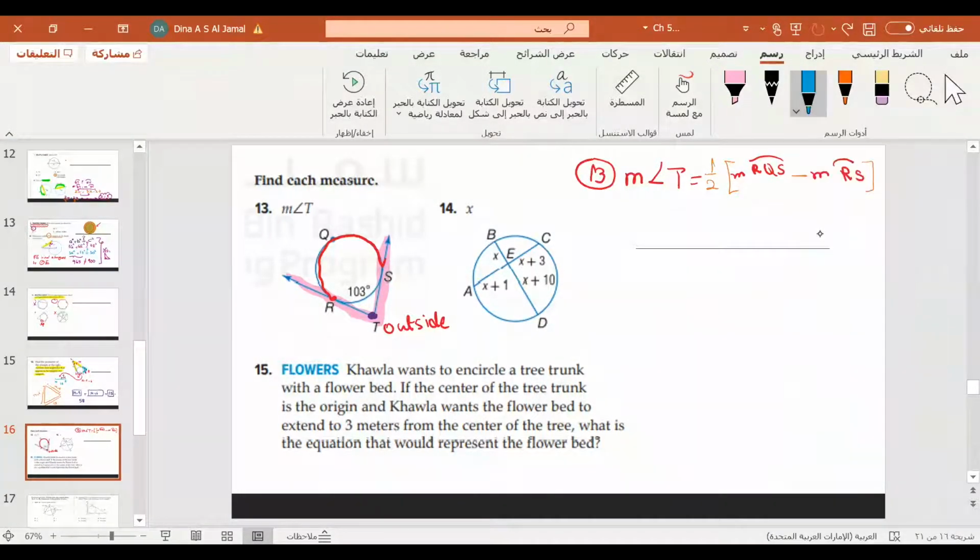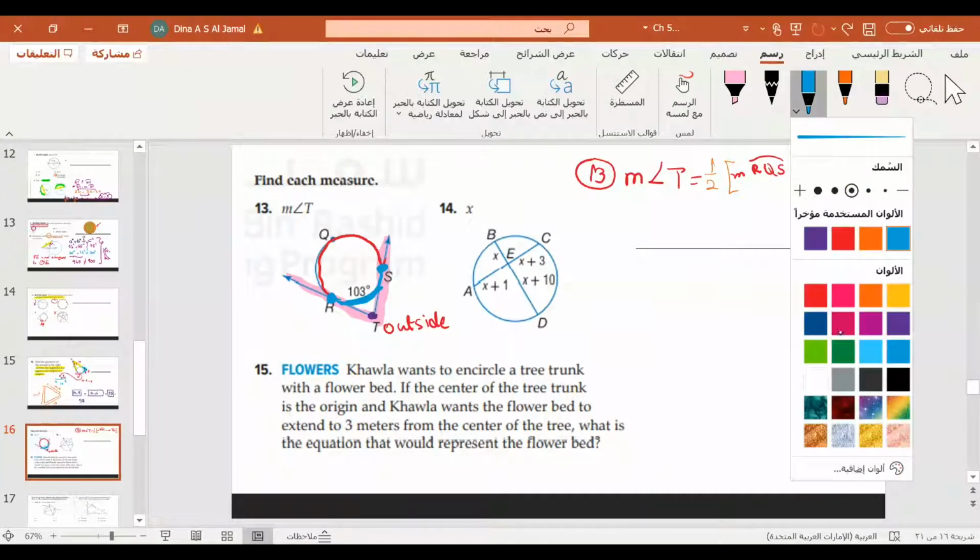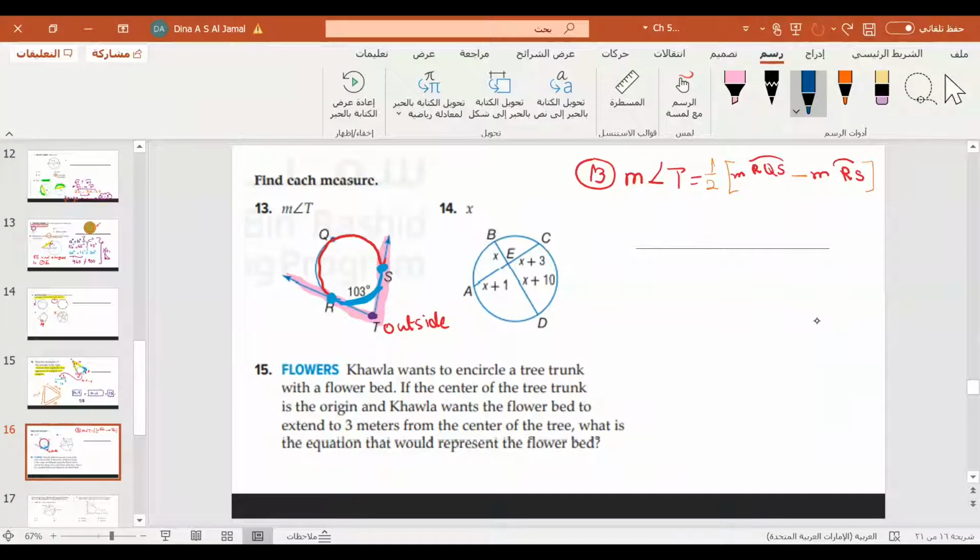He already gave you the measurement of RS, and you have a tangent touching these 2 points. That means it is only cutting the blue area. So how can you get the red area, which is the big arc? The total of the central arcs is 360.